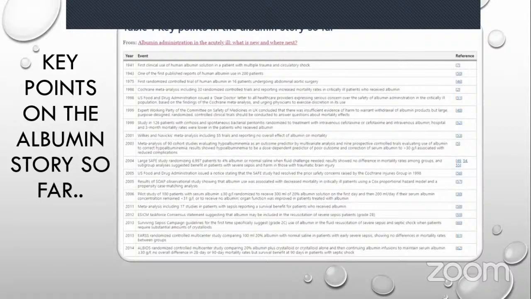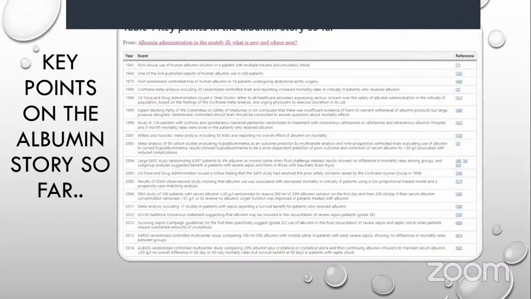However, the newer recent studies include the EARSS study, where they tried albumin versus normal saline, and there was no benefit. You'll note here that the doses of albumin and the volumes were low. After that, in 2014, the ALBIOS study was done, where they looked at maintaining albumin above 30 grams per liter.